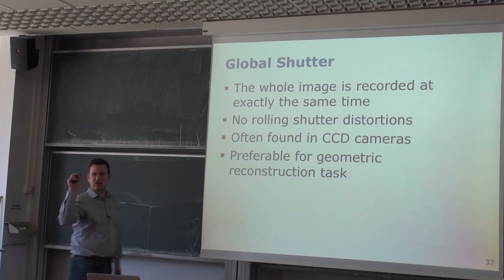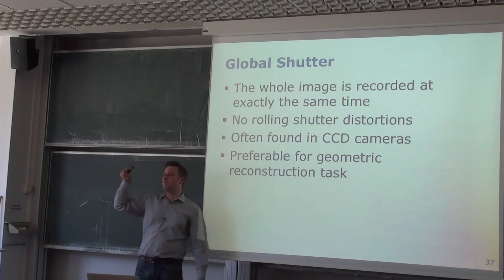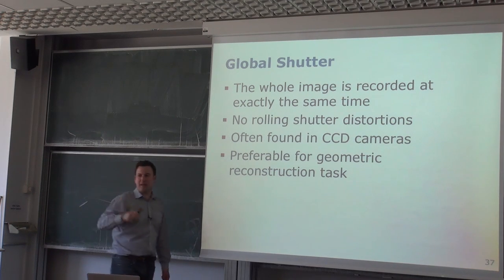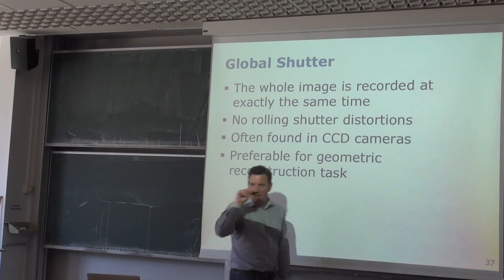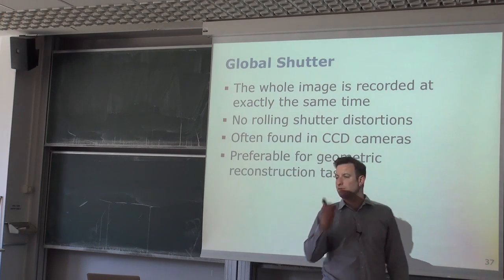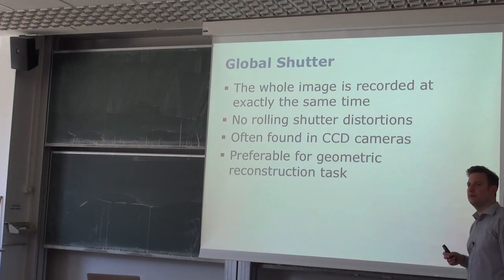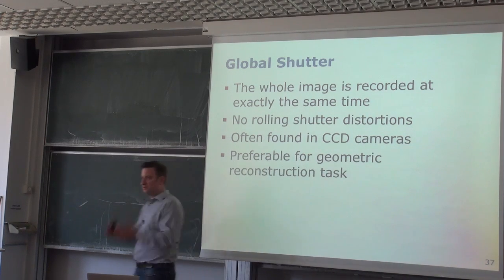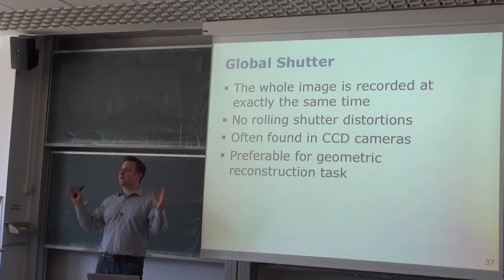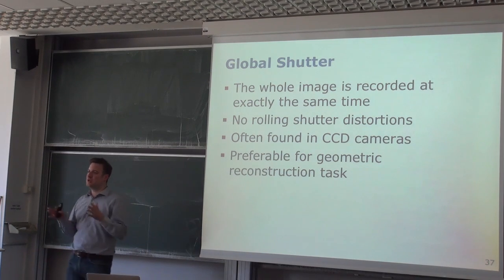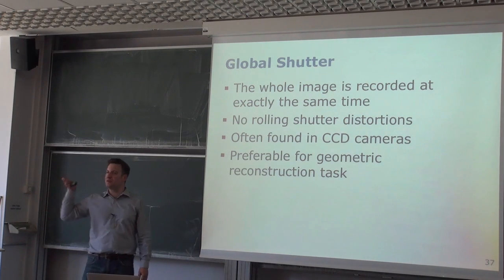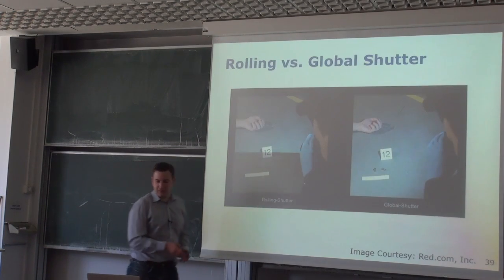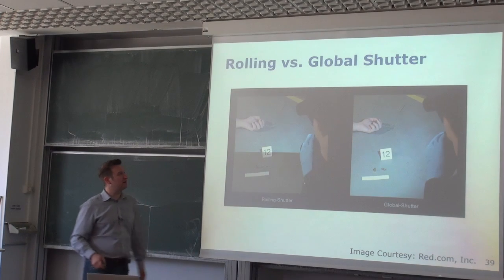Because with the rolling shutter camera, basically, every row of pixels has been recorded at a different point in time, and I need to estimate, for example, where my car was at every point in time where every individual row was illuminated. And this is much harder to do. We don't need to take into account just one position where the car was when taking the image, but we need a position estimate for every row if we want to do a 3D reconstruction task. Therefore, global shutters are something that one usually prefers.